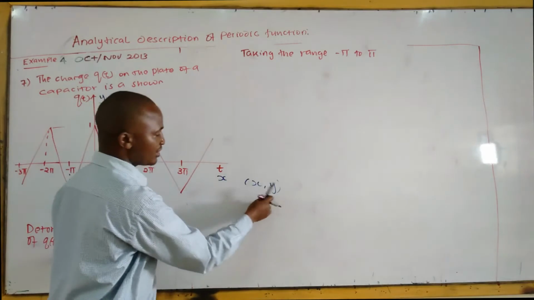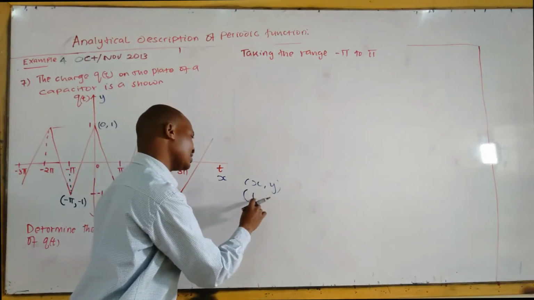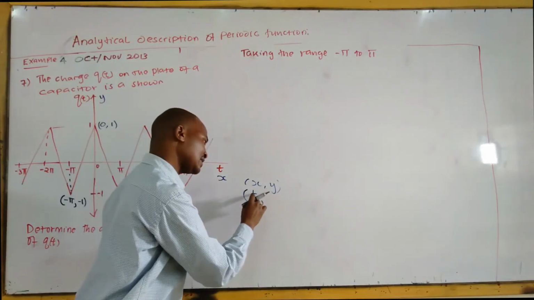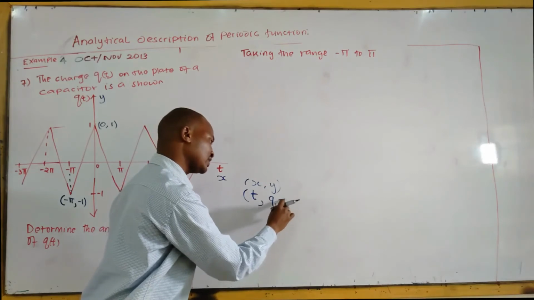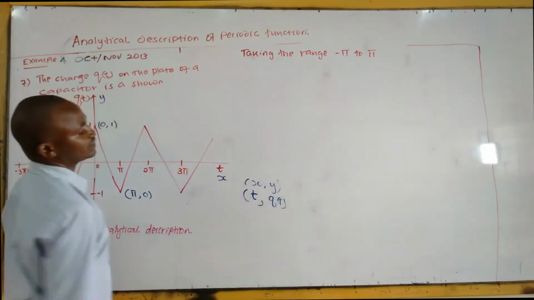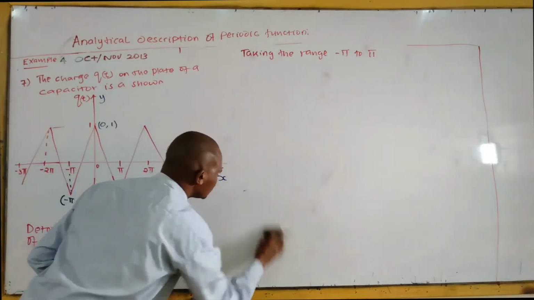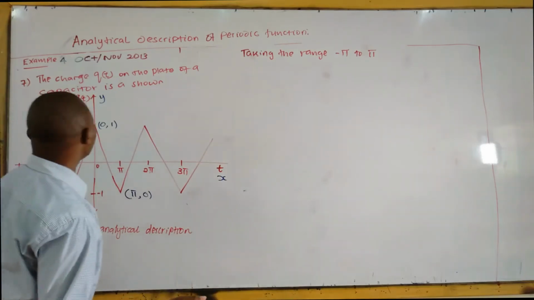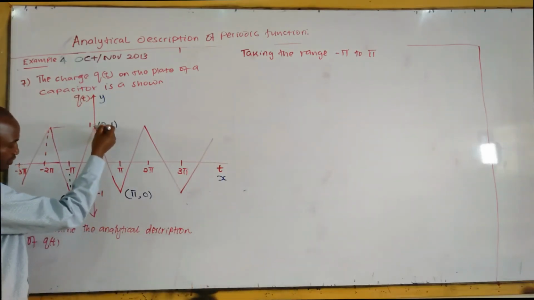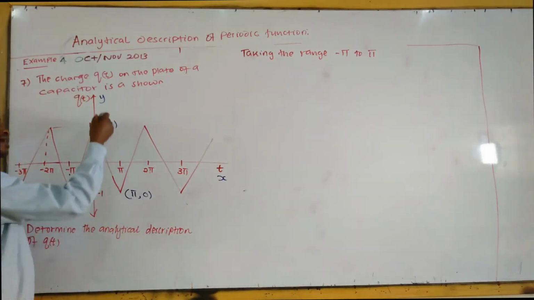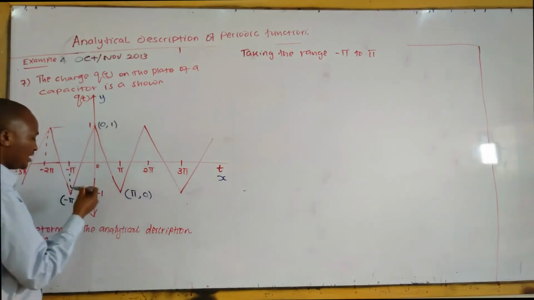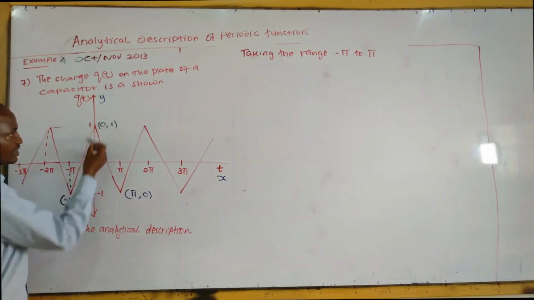So we are used to x, y, but in this case it will be t, Q of t. So what we need to do is to determine the equation of this straight line and the equation of this straight line. Let us start with this line.